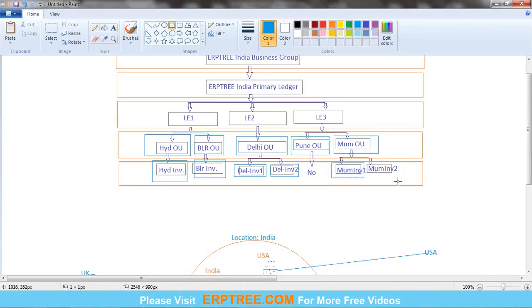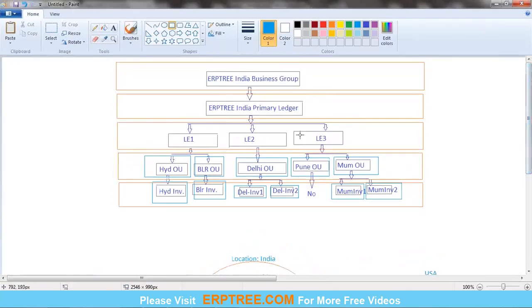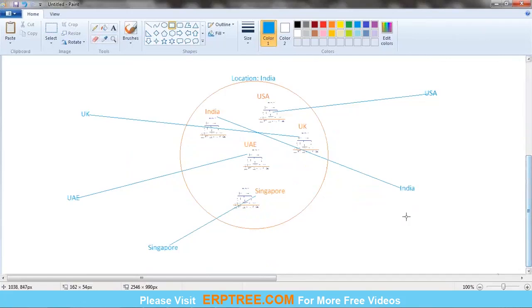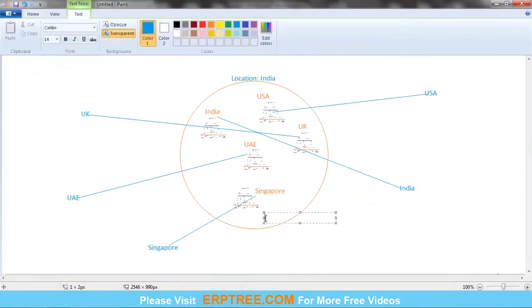That means within one instance, if you are going to create multiple multi-org structures, between the structures there will be data security, and within the structure there will be data security between the legal entities, between the operating units, between the inventory organizations. And since the instance is one, all the data will be stored in one database. For one instance, we have only one database.